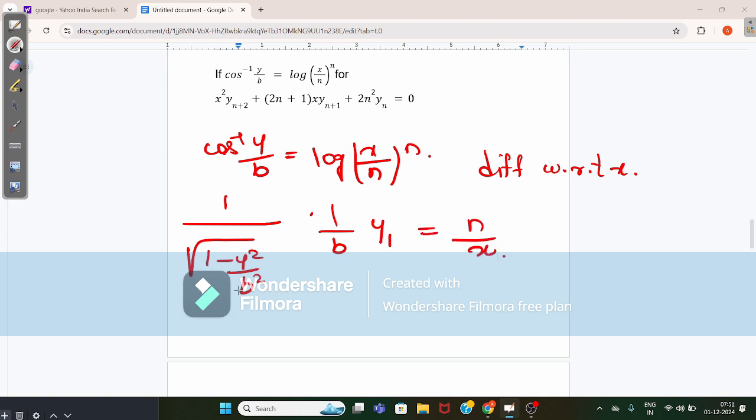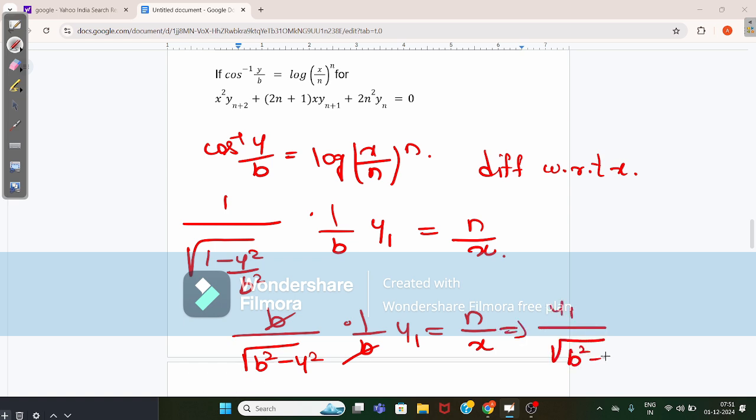When you remove the root, this value goes up: b by root of b square minus y square into 1 by b y dash equals n by x. This b gets cancelled out. So this value becomes y1 by root of b square minus y square equals n by x.